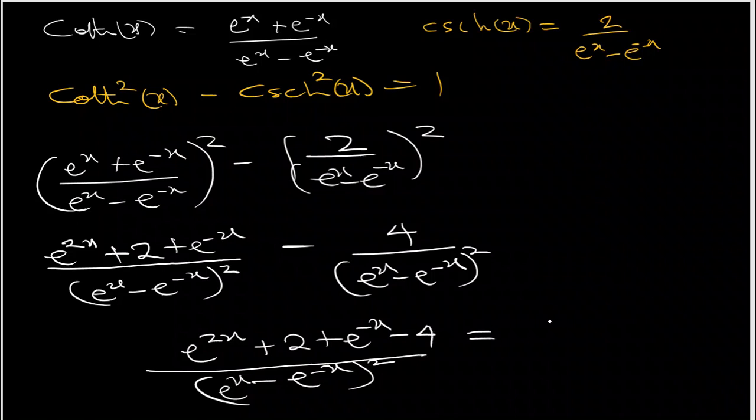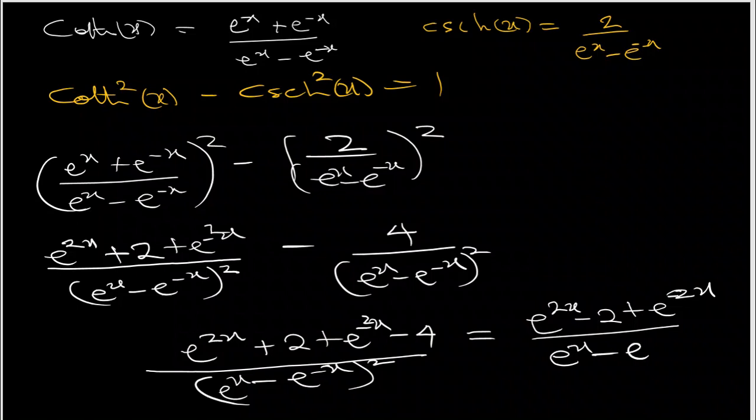This becomes e power 2x minus 2 plus e power minus 2x. Here should have been 2x, the expansion here, all over e power x minus e power minus x all squared.